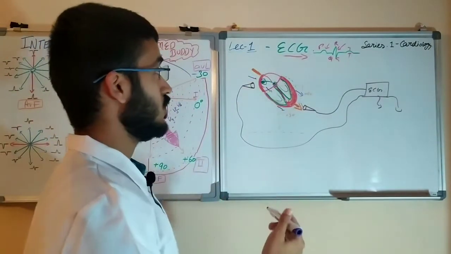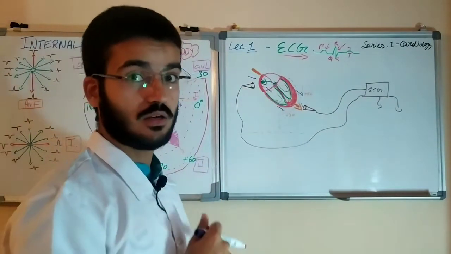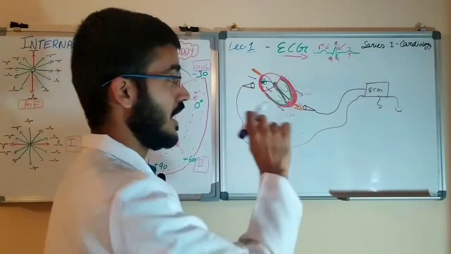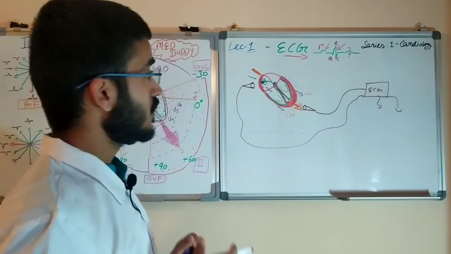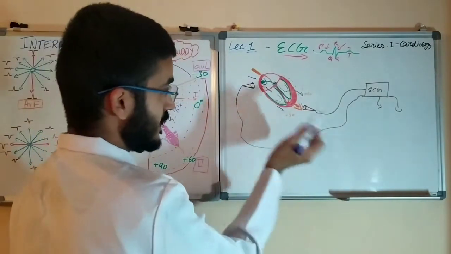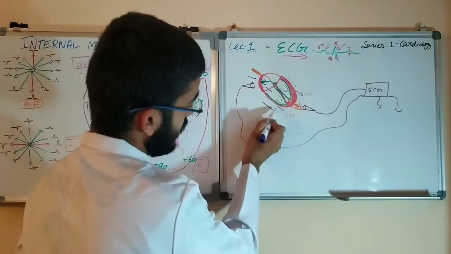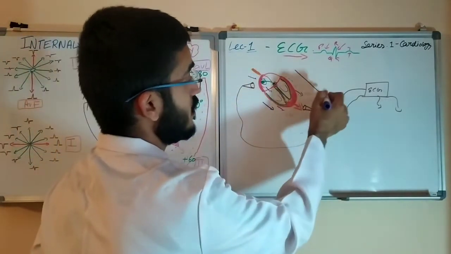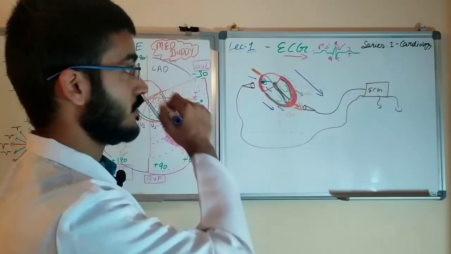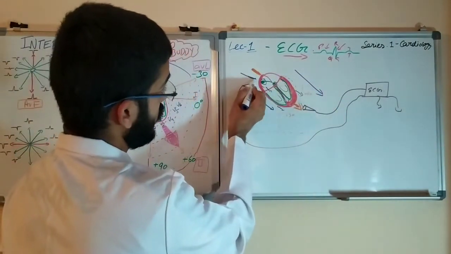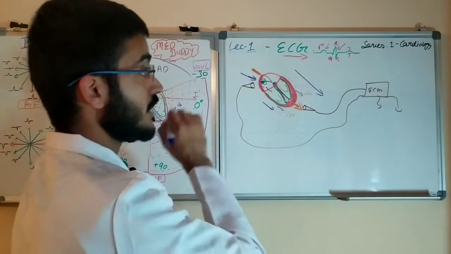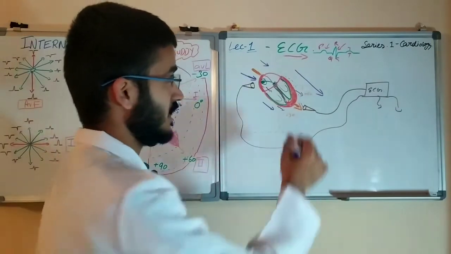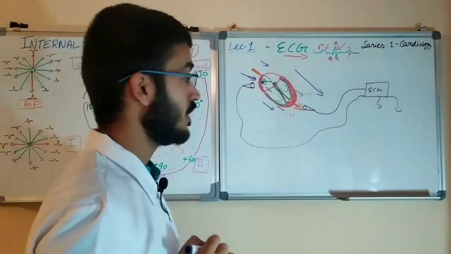In comparison to the left atrium, the right atrium is larger, and in comparison to the right ventricle, the left ventricle is larger. So a small current vector is produced by the right ventricle, a very large current vector by the left ventricle, a large vector by the right atrium, and a very small current vector by the left atrium.